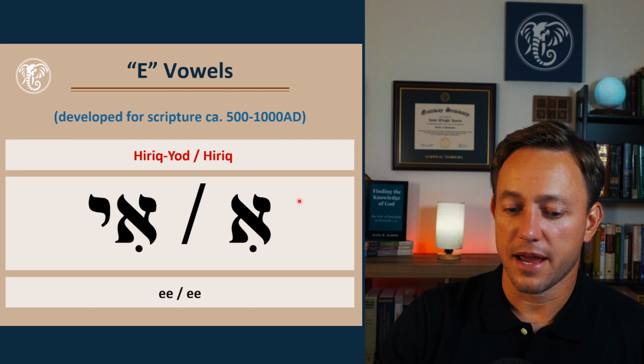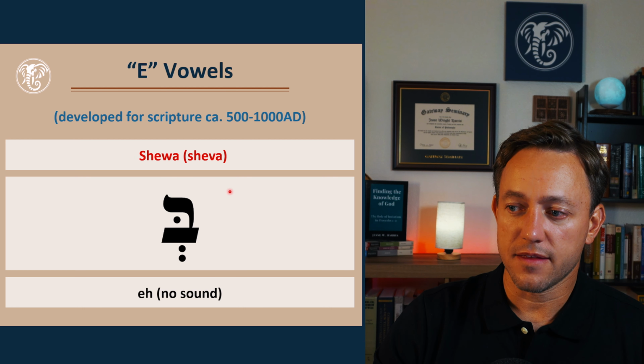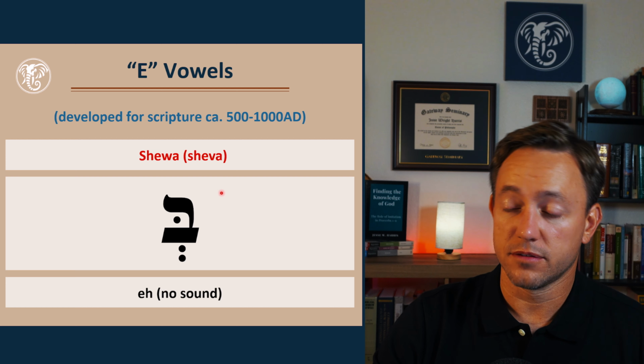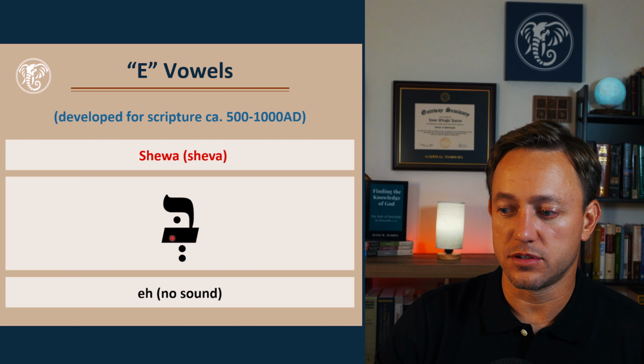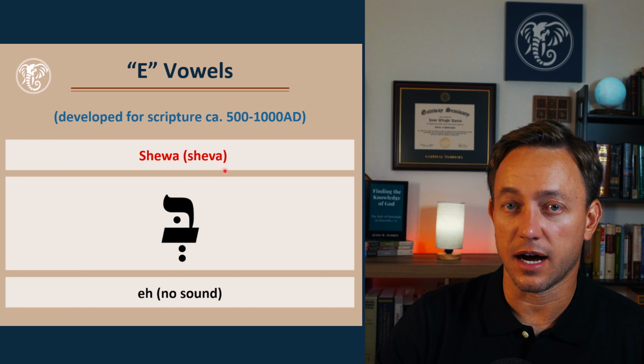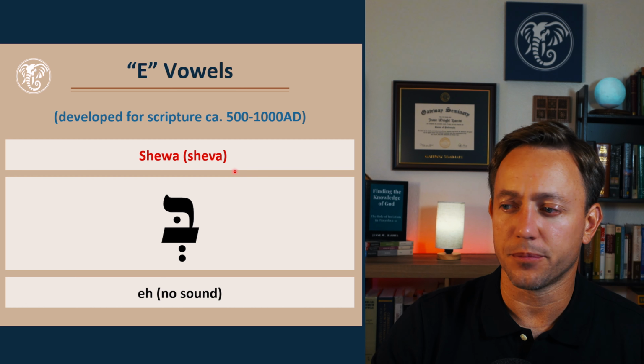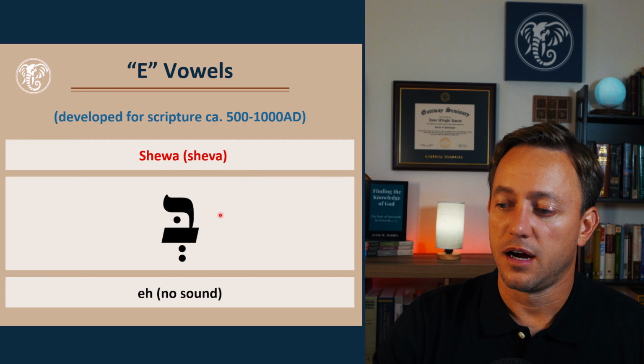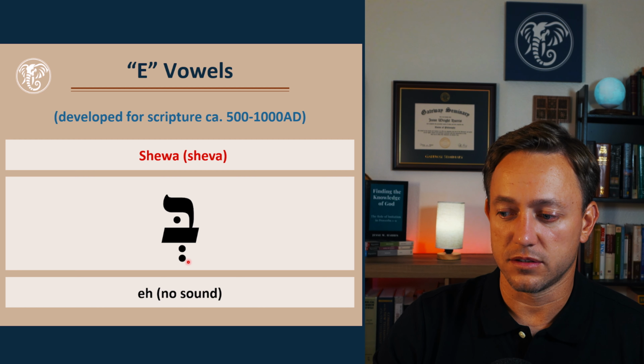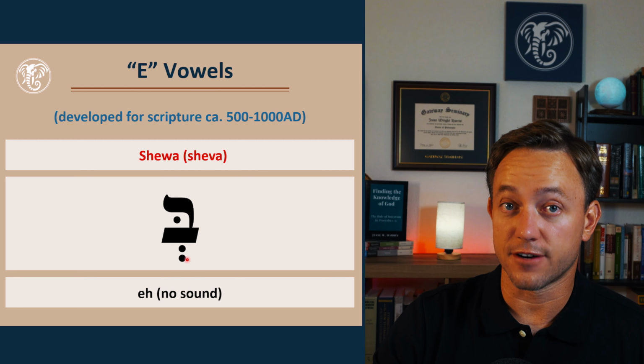All right. And then we have this last third category, if we will. And this one is that little double dot, but is vertical. And this one is called the shava or shawa, depending on who you talk to. I will refer to it typically as the shava. All right, so the shava is this little double dot, again, vertical.